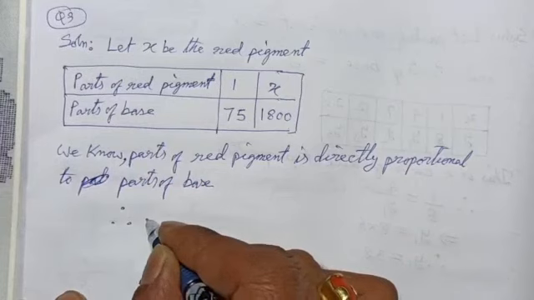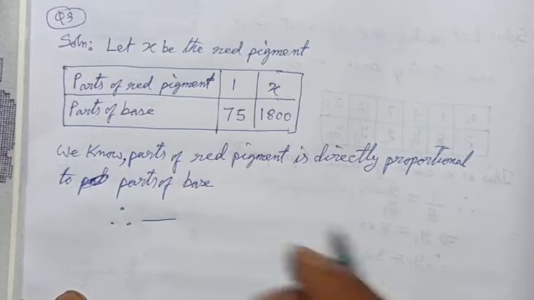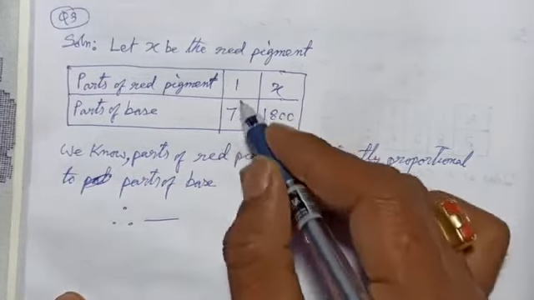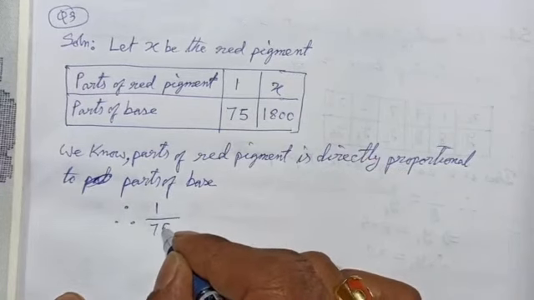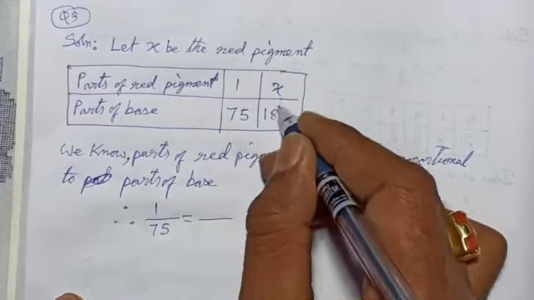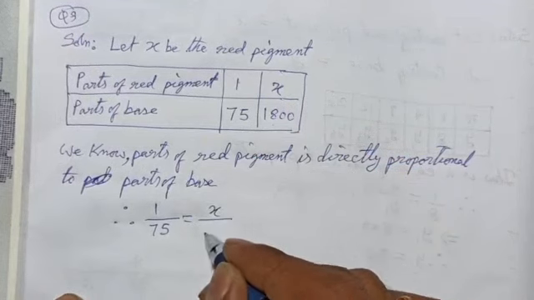Therefore, this 1 by 75 is equal to this X by 1800.